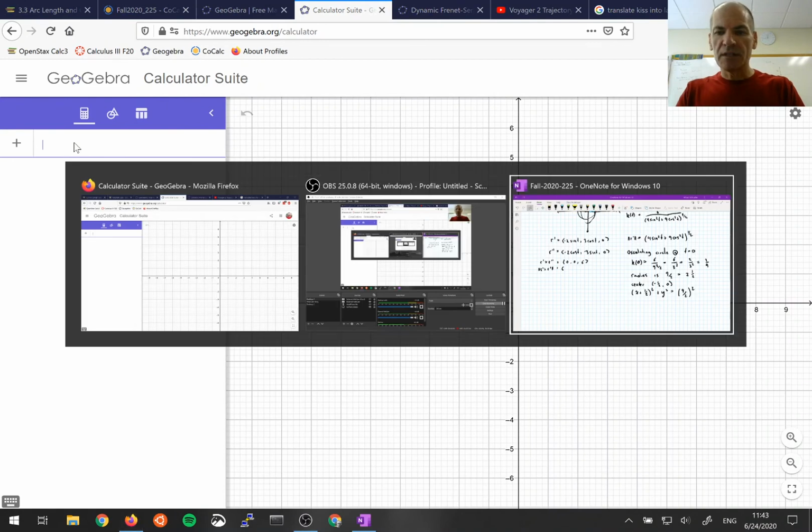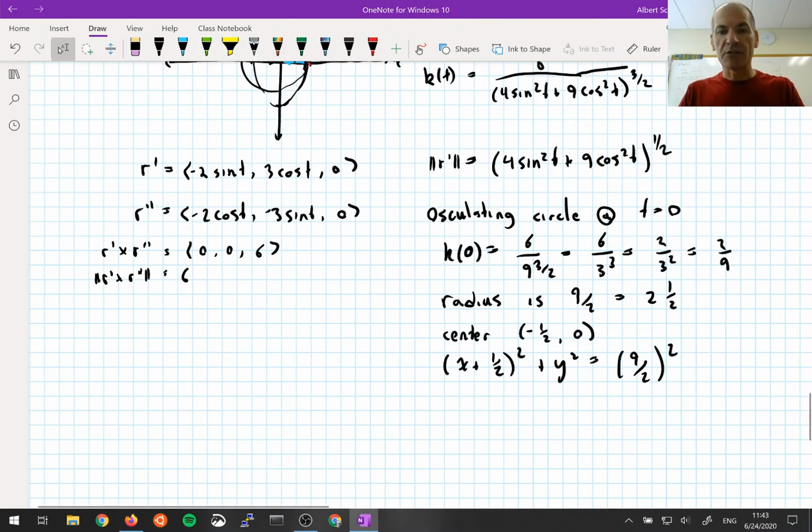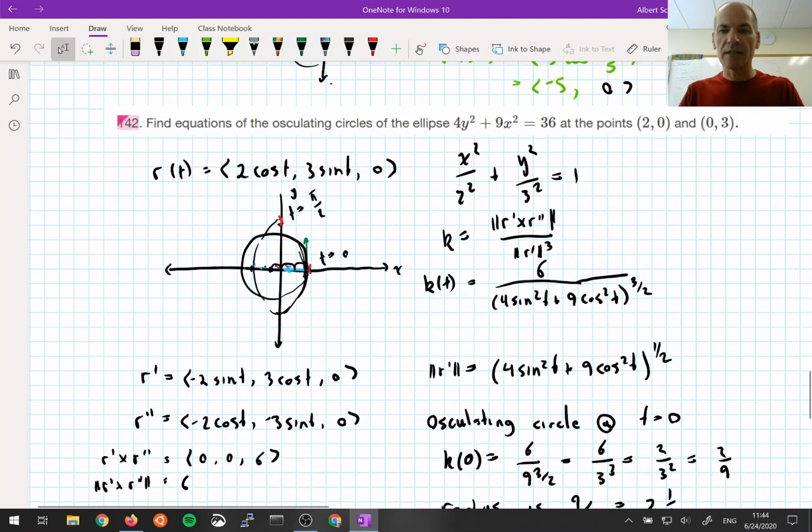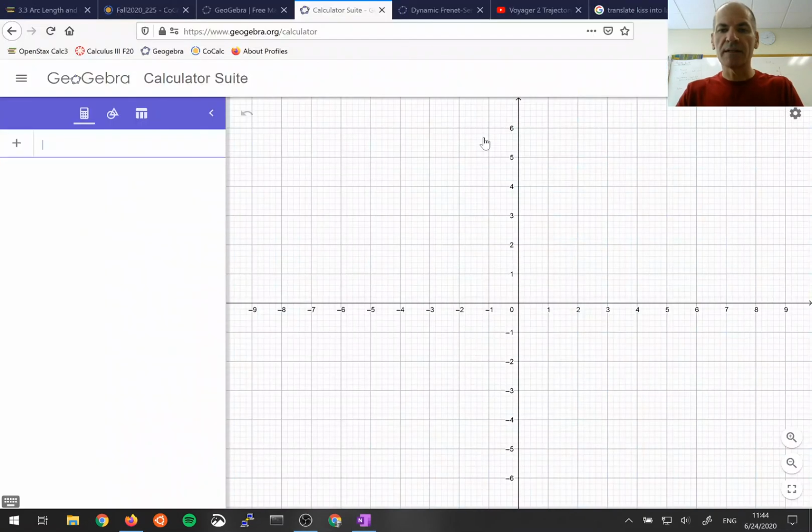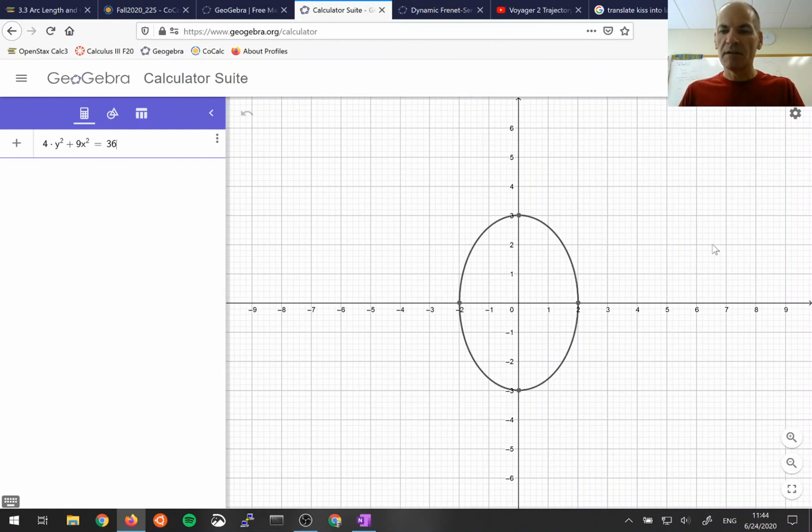The equation of the ellipse, not parametrically, in rectangular coordinates is 4x squared plus 9y squared equals 36. There's the ellipse, and there are the two points 2, 0 and 0, 3 that we're asked to find osculating circles for. So that's the base curve.